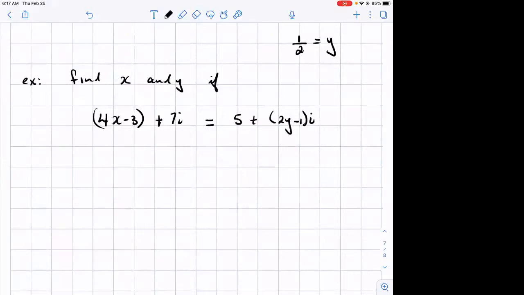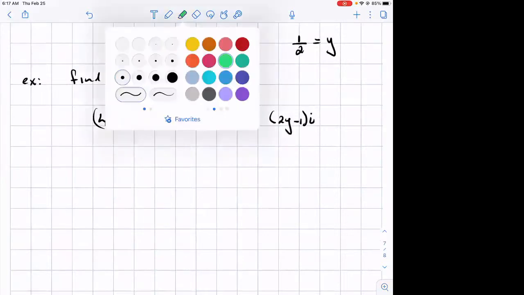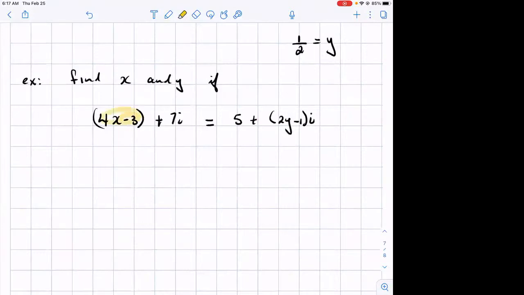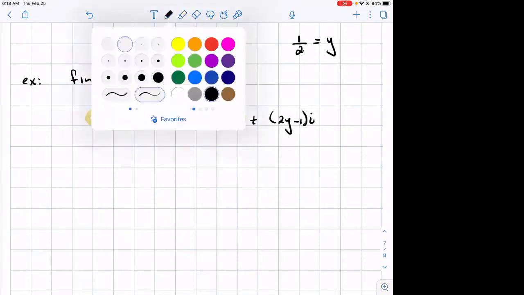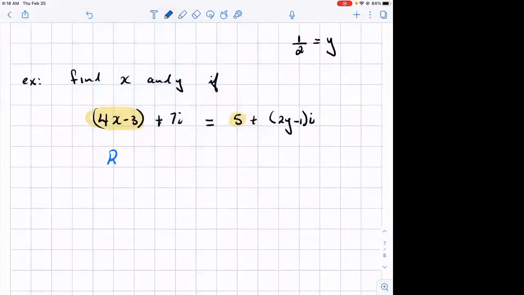So if you look at the problem, you will observe that there's no i here, so that has to be the real part. And there's no i on this side, so that's my real part. So the real part here is 4x minus 3, and that is equal to 5. Okay.